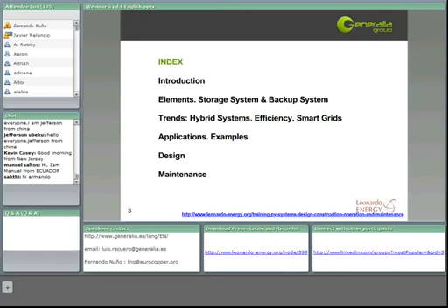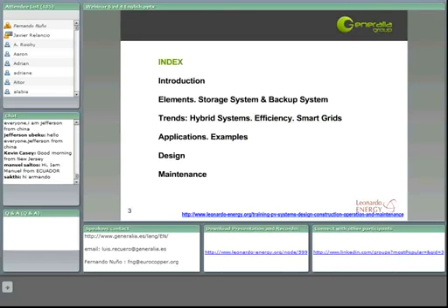So, today's index is as follows. We will start with a brief introduction to this type of system. Then we will study the main elements in these systems. We will focus on the storage system and the backup system. Then we will see the trends nowadays for this type of system.